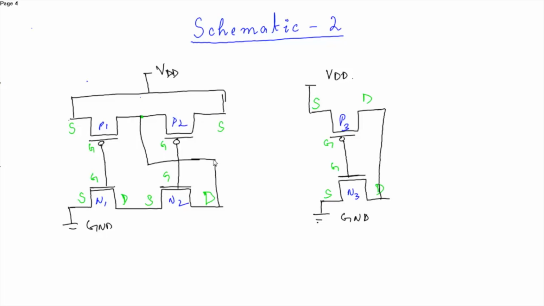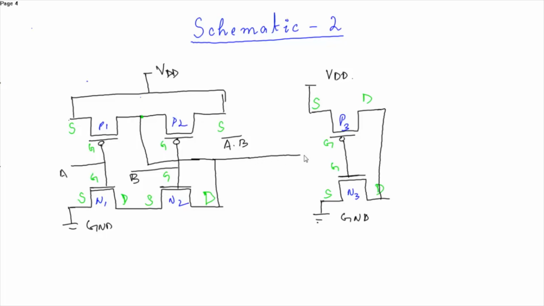Now this is the output terminal, this is our input A, this is input B. So the output obtained will be (A dot B) bar.